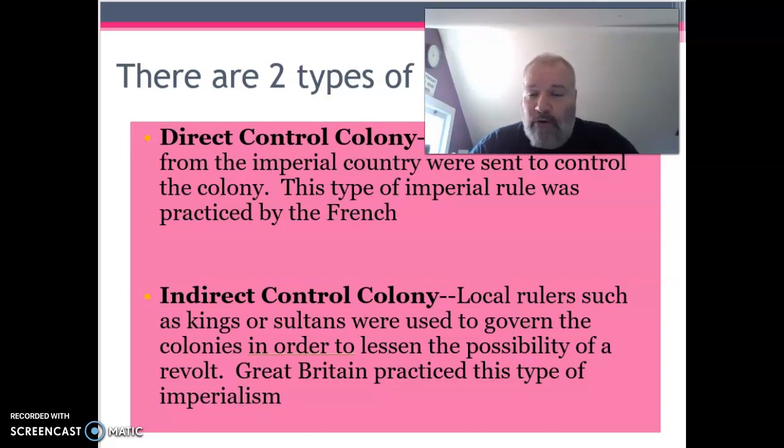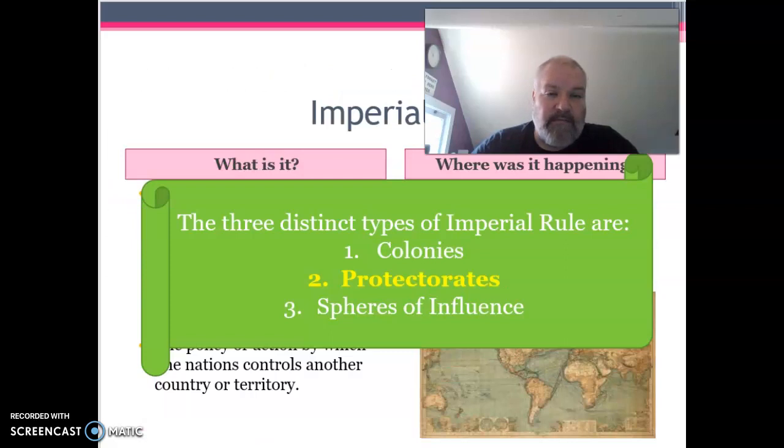The English or the French or whoever are in your town, in your city, and they're there to set control, set policies, and govern that way. Great Britain usually tried indirect control, and the French went with direct control. I would argue that indirect control was better, and it was a little bit kinder than direct control imperialism.